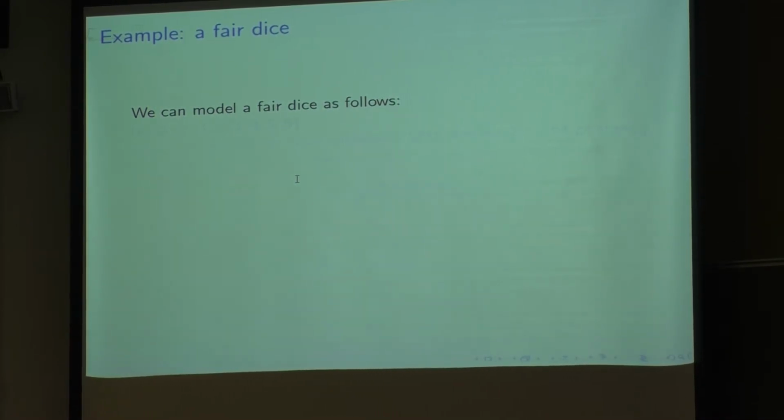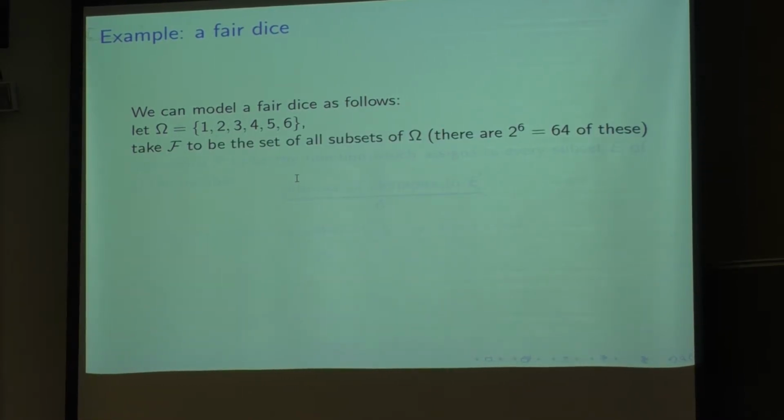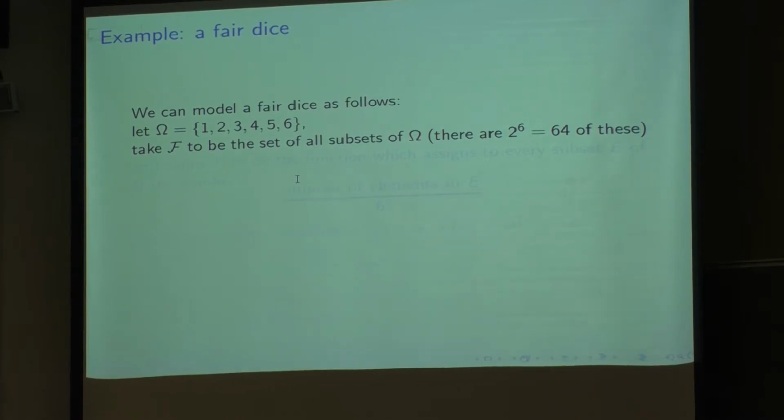So let's have a look at tossing a fair die. So now we have a probability space in which omega contains 6 possible outcomes corresponding to the 6 faces of the die. We can take all the subsets of omega to be our F, so we can assign probabilities to every single collection of outcomes of tossing the die.